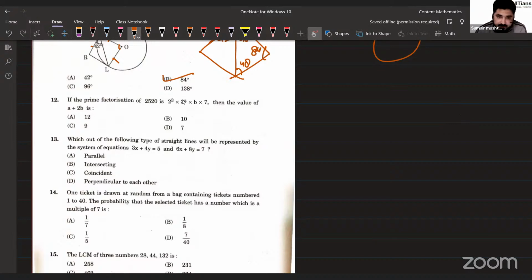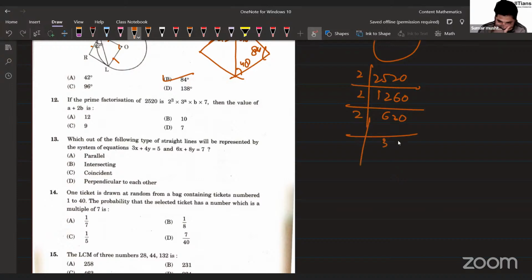Okay. See, prime factorization of 2520. What is the prime factorization of 2520? It's 2, that is 1260. It's 2, it's 630. It's 2, it's 315.